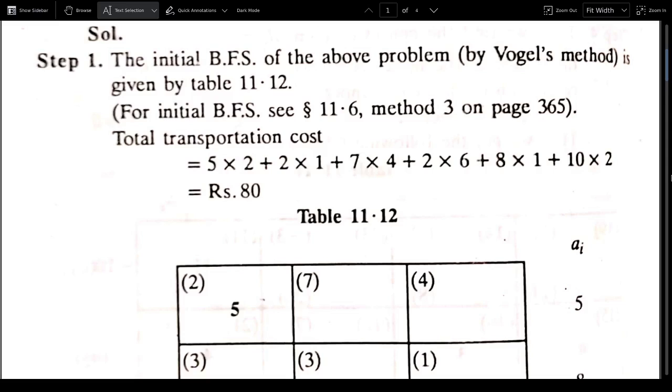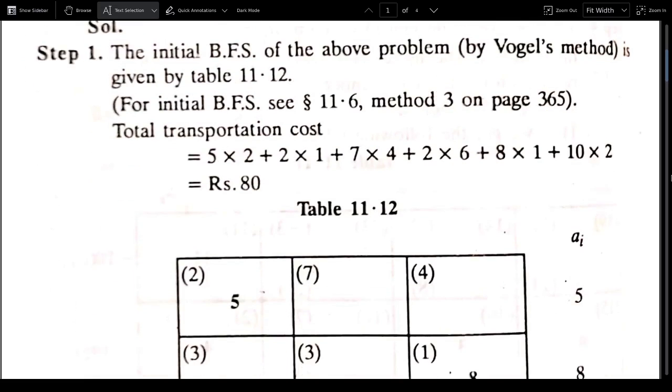So when we apply Vogel's approximation method, what is the first step? Step 1 is what? Transportation cost. Yes, transportation cost.